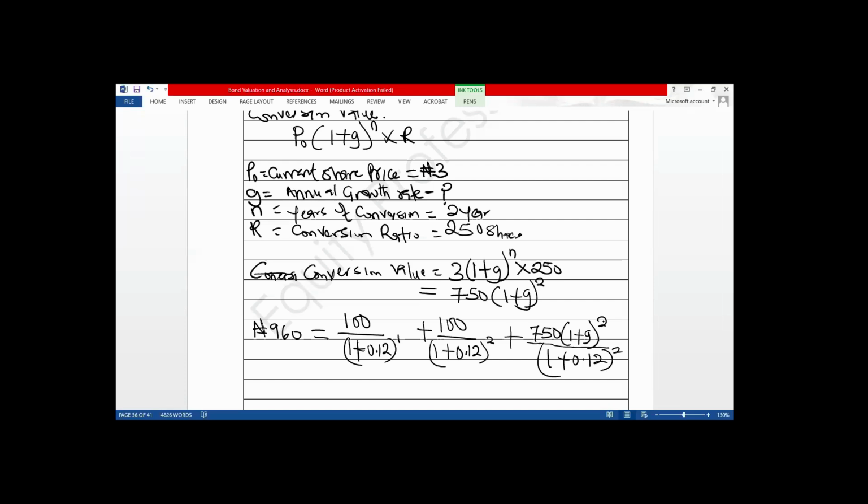If it's not equal to 960, then it's not worth holding for 2 years. I have a choice between collecting 960 now or waiting for 2 years to collect 100 in year 1, 100 in year 2, and the conversion value in year 2. So I will now discount the future cash flow, and it must give me the value I'm supposed to get now.